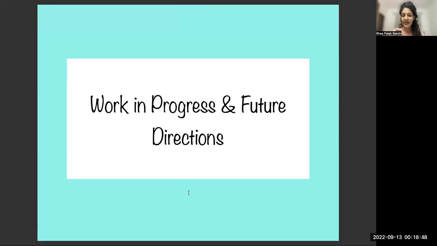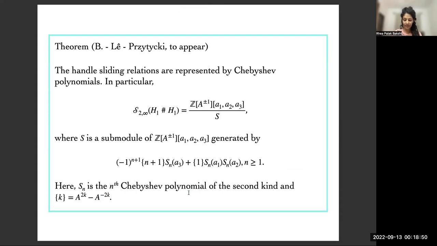And in fact, very recently, we were able to find the following: the handle sliding relations in the KBSM of H1 connected sum H1 are generated by elements represented as follows, where Sn is the Chebyshev polynomial of the second kind, and curly k represents the element a raised to 2k minus a raised to minus 2k.